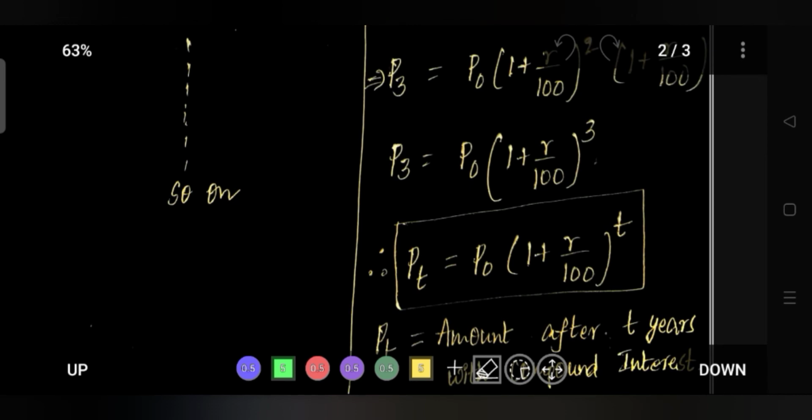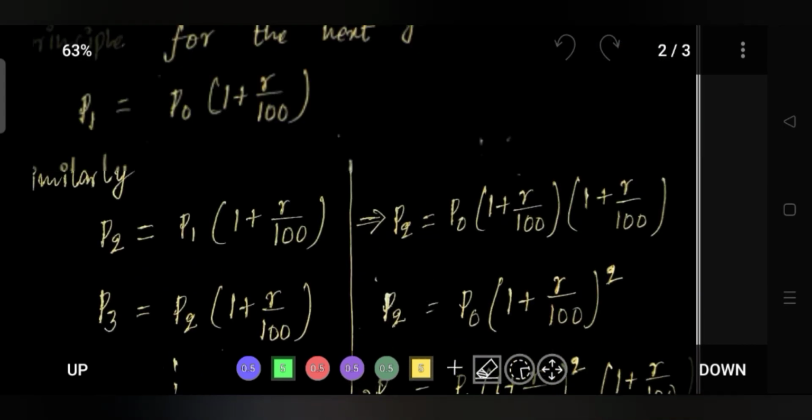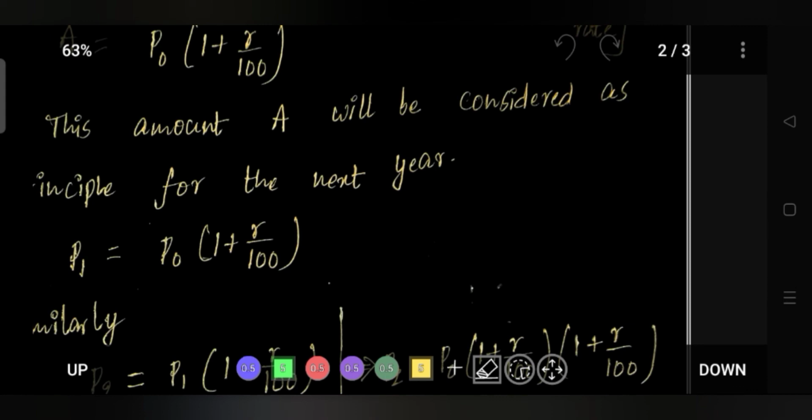What I would like to assume is this: if you observe in the P1, the interest is compounded one time, so that is why for this term the power is 1.